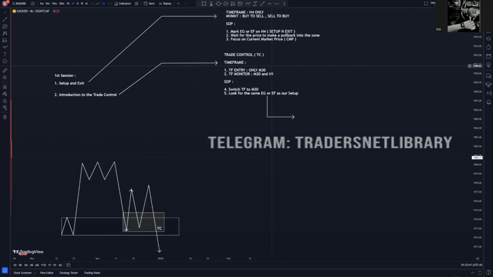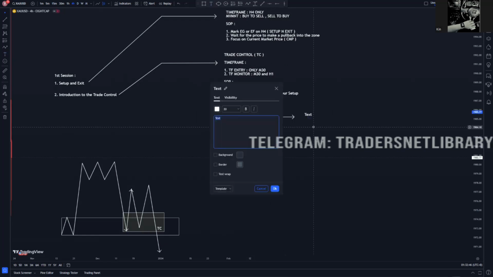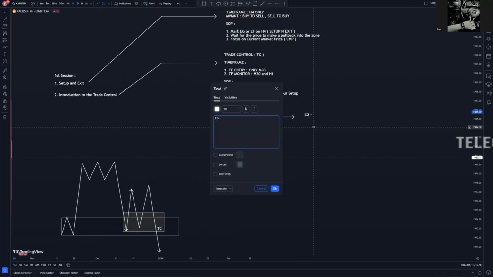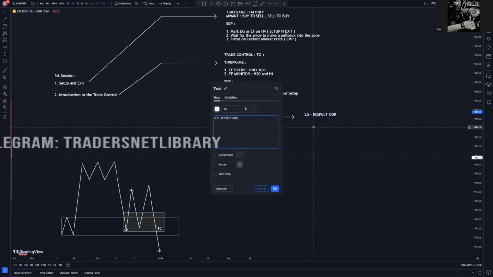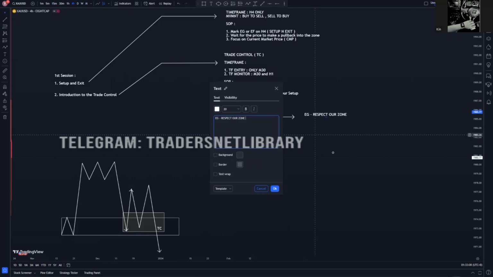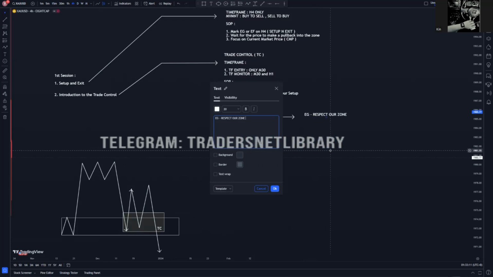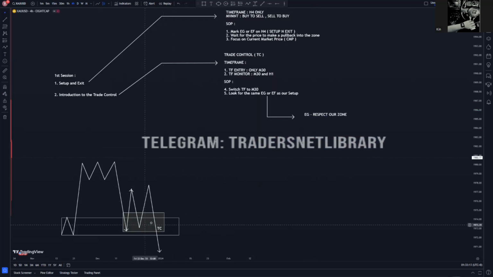If inside the current market price the price created an EG, and of course this EG needs to be the same as our setup, when the price creates an engulfing at the current market price, it shows us that the price is going to respect our zone. Which zone are we talking about right now? Of course, this buy zone.